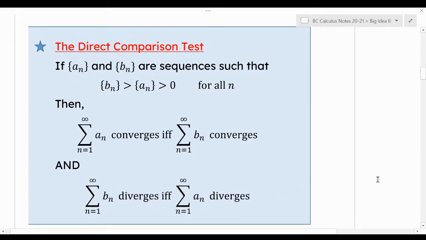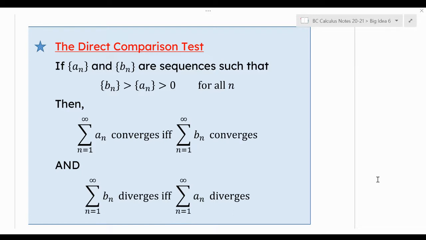Oh my gosh, it's still going. All right, so it says that if we get two sequences, A sub n and B sub n, and if you can establish that these two positive series, that B sub n is always bigger than A sub n for all n, then here's what you know.